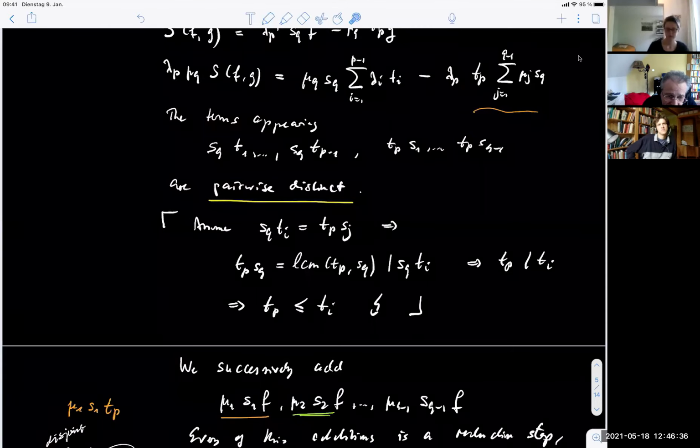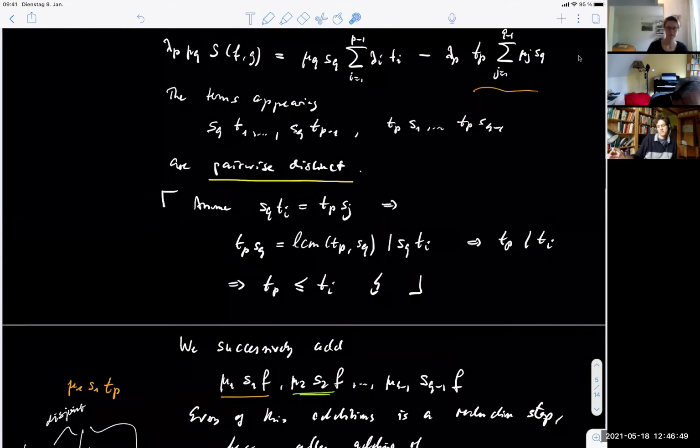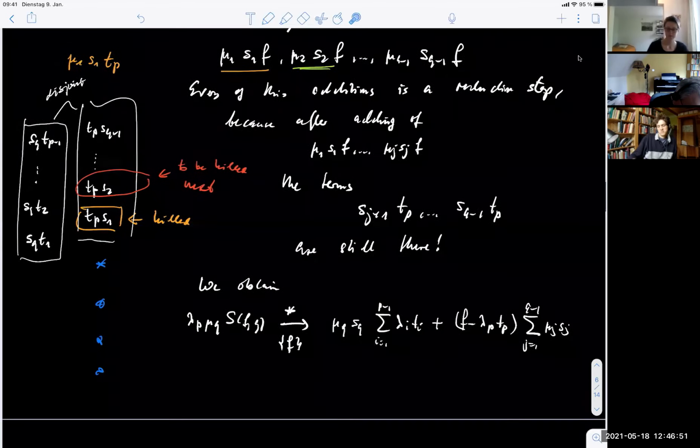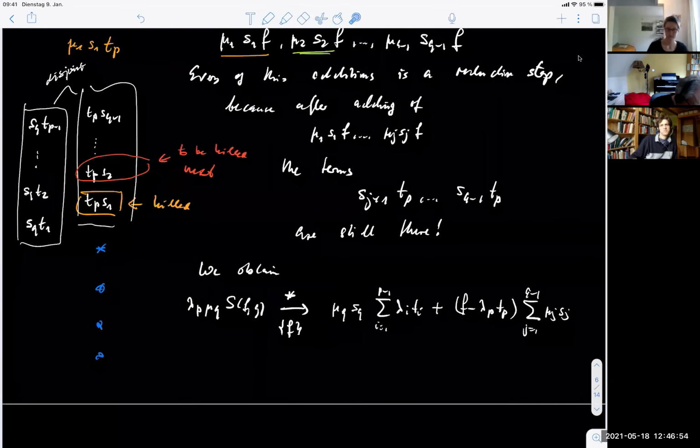But as I said, we could assume that those two are 1. Maybe I should have assumed that, and then the problem disappears anyway. But right, I think we start with that, and then we add and add and add. Now I try to explain, maybe you see it, what after this reduction, I claim that actually what I have added is this.